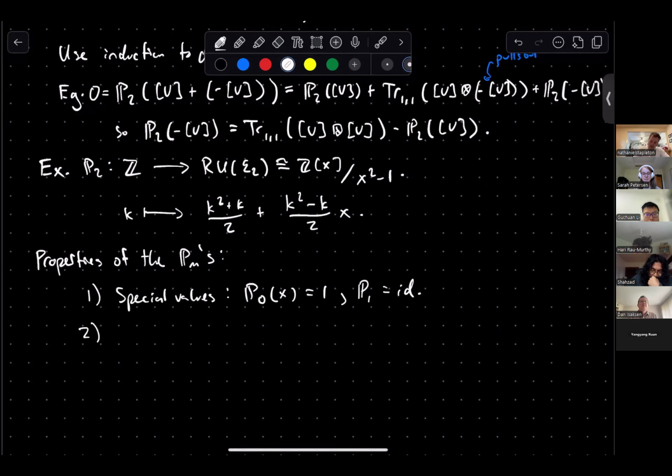The second property is this property that we described about the value of PM on X plus Y. So this is some big sum. I'm not going to write the whole thing out again.